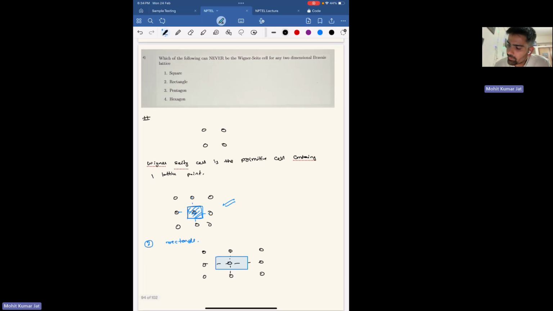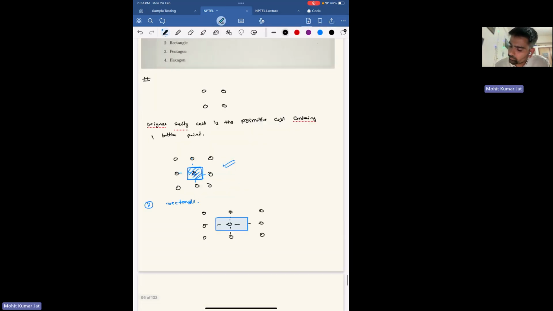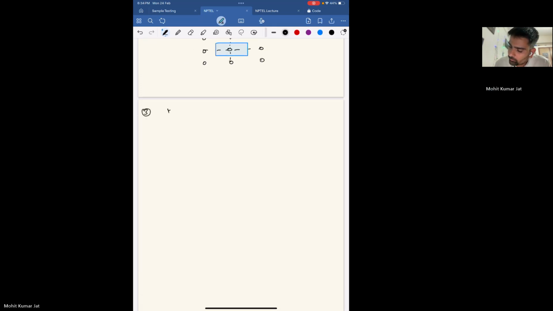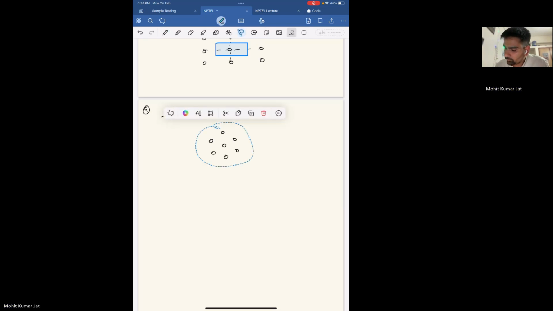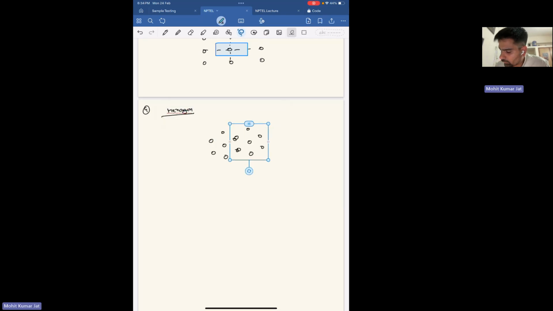Now the hexagon. If it's a hexagon, then it has an atom at the center also.